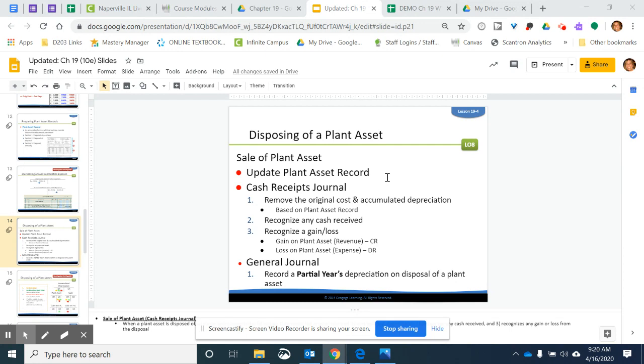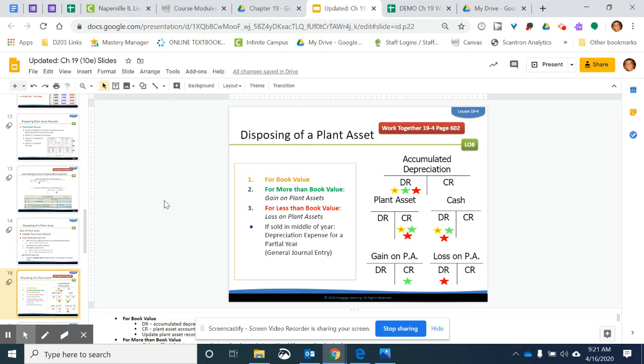We're going to update the cash receipts journal because we're going to be receiving cash for these old assets that we're getting rid of in some form or fashion. And then we're going to be updating a general journal to record that partial year's depreciation because we disposed of an asset.